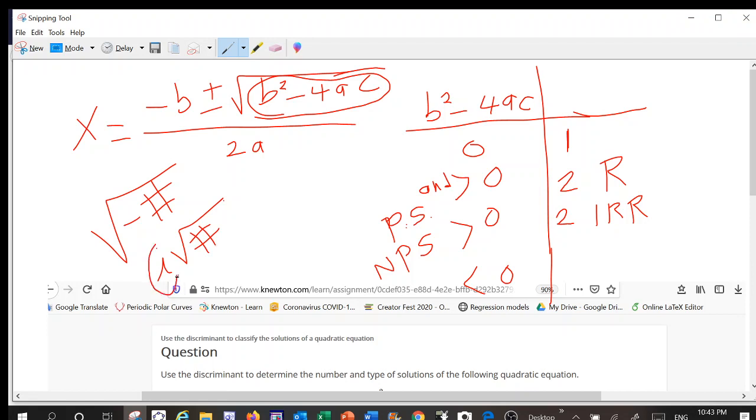And this i here is going to make the answers complex imaginary. So it's going to be two complex imaginary solutions, that means of the type a plus bi. So that's how we deal with what's inside of the radical, which is called the discriminant.